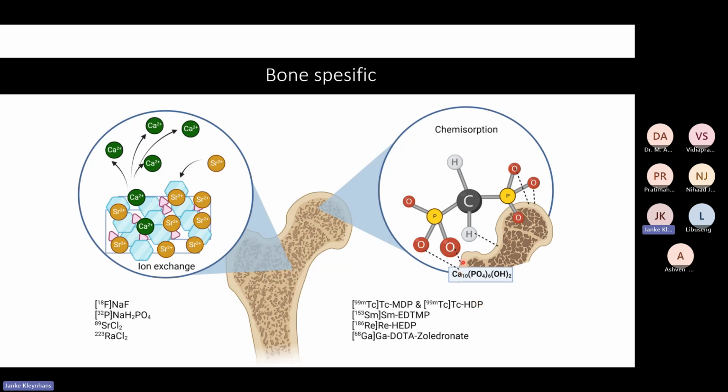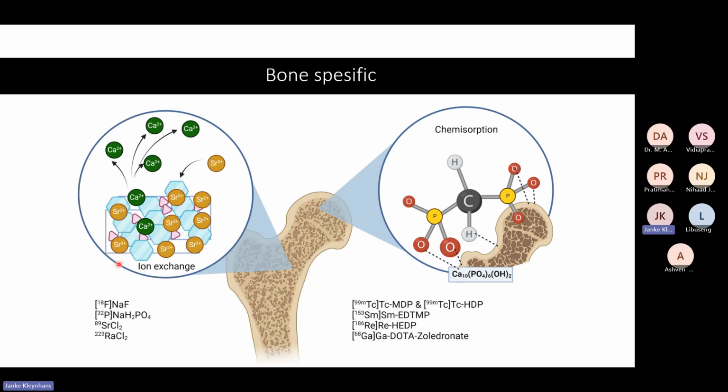So there are 3 mechanisms of bone, actually 4 mechanisms of bone lesion accumulation. The metabolic tracers that are FDG, we will discuss later. The ones that are cancer specific, we will also discuss later. And then there are two bone-specific mechanisms called ion exchange and chemisorption.